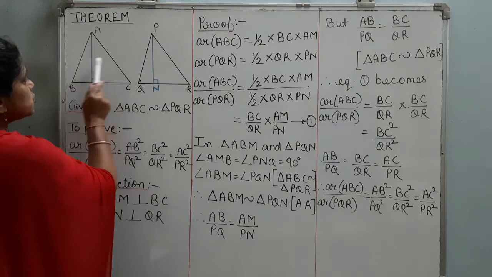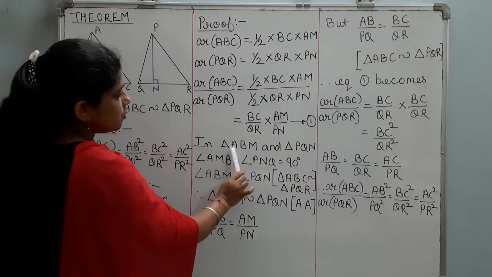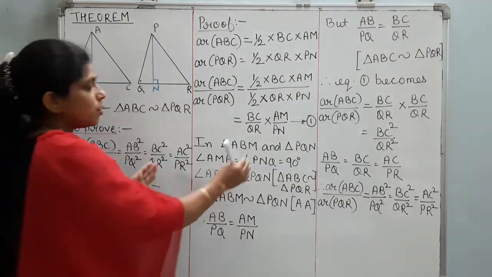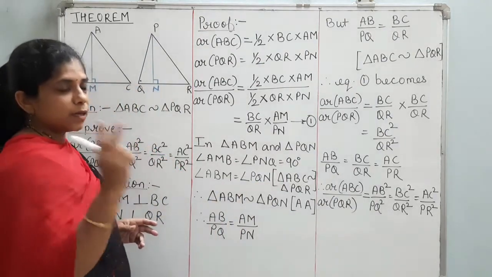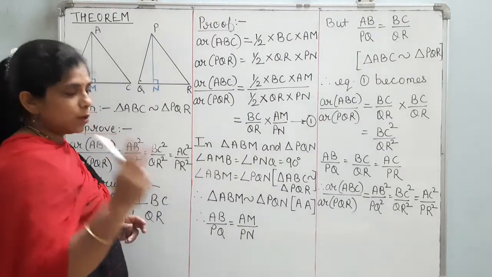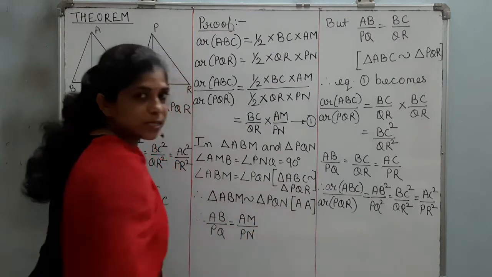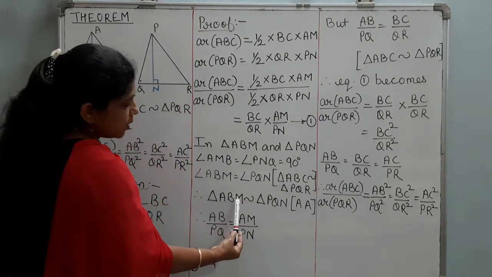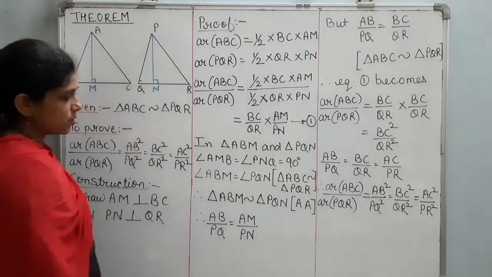Now in these two triangles, ABM and PQN, we have two equal angles. In any two triangles, if two angles are equal, then the triangles are similar by AA criteria. So here, we get triangle ABM is similar to triangle PQN by AA criteria.